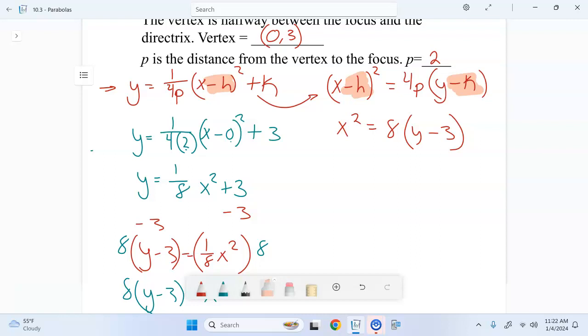But either one of those is sufficient. Vertex form or standard form. Okay? So the signs of h and k are always switched, like if the equation had a negative sign. That negative in the formula says switch the sign. Okay, that's what it says.